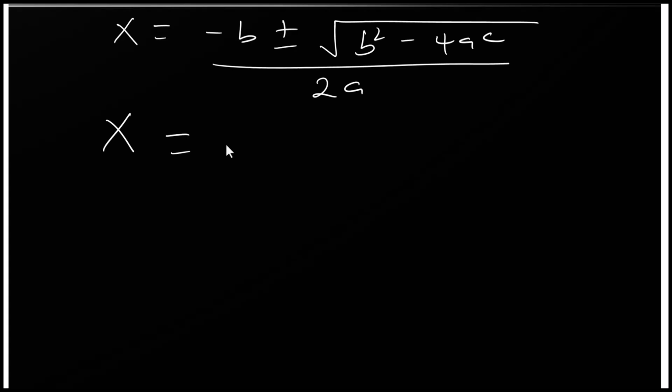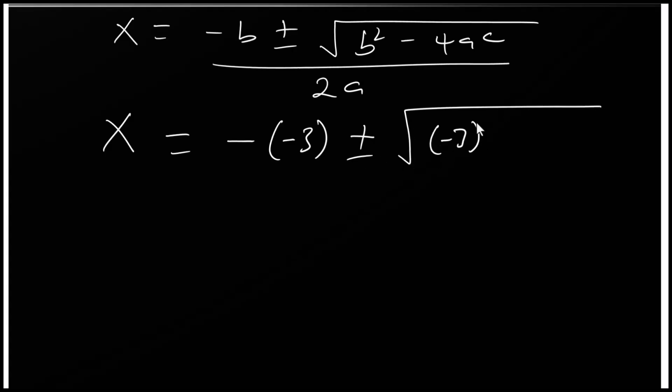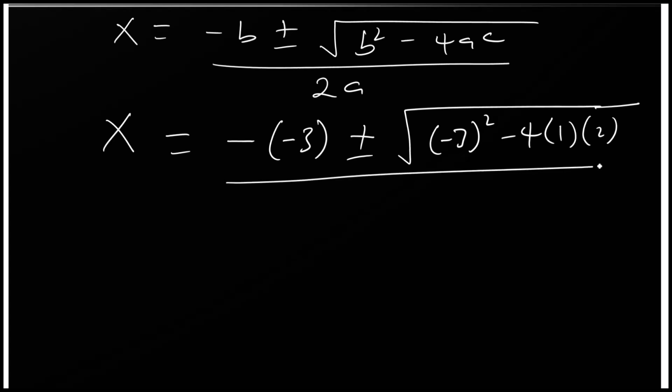So b is minus 3, so minus minus 3 plus or minus square root of 3 squared minus 4 times a, which is 1, times c, which is 2, on 2 times a, that is 1.